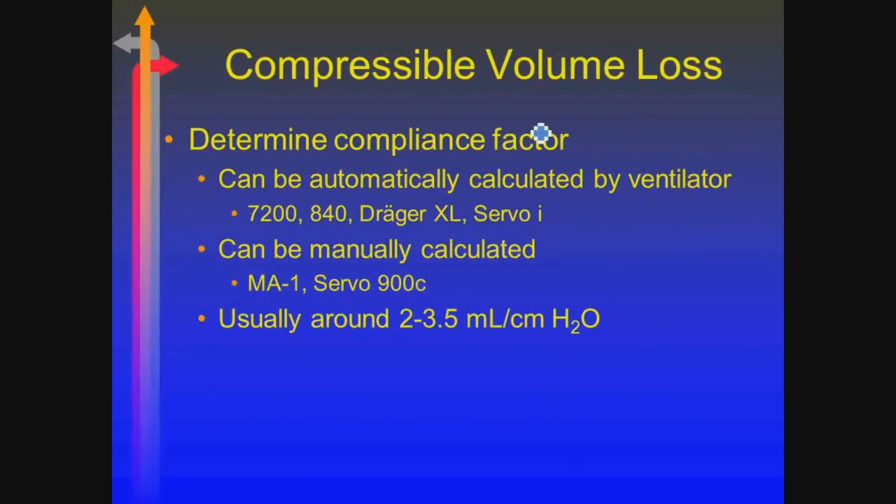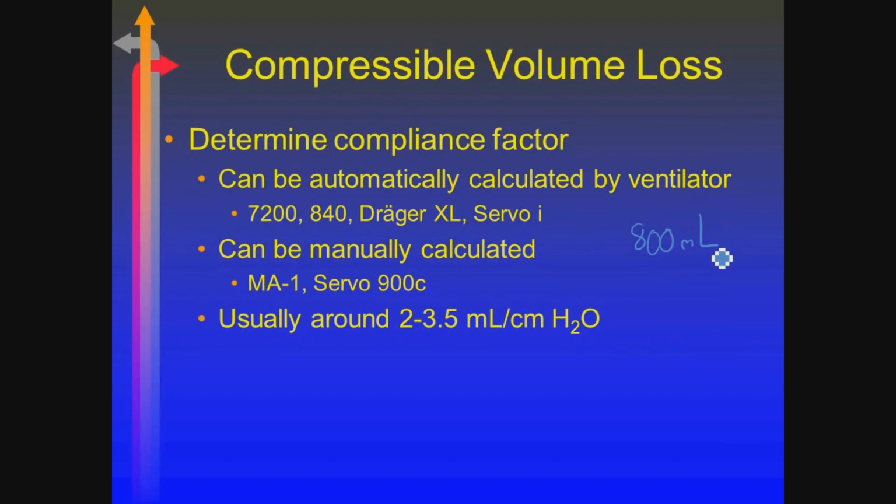The ventilators know this, because when we go through our self-test, it's going to calculate what that compressible volume is. It'll say, hey, wait a minute. I know that I need to deliver 800 milliliters.